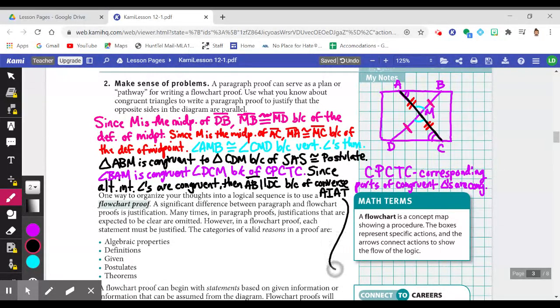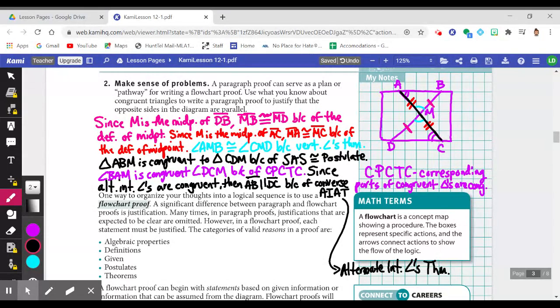So I probably need to write out what is just said there. Alternate interior angles theorem, which tells us alternate interior angles should be congruent, and the converse then says if they are congruent, then the sides are parallel.